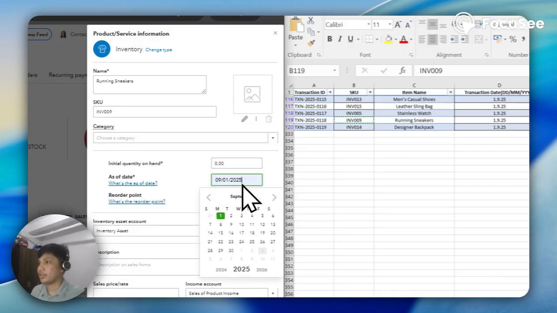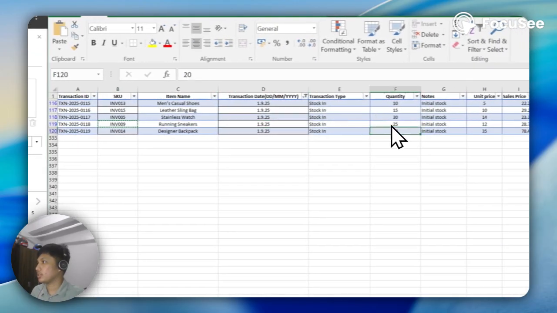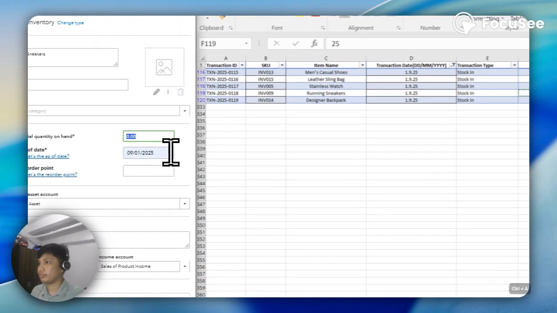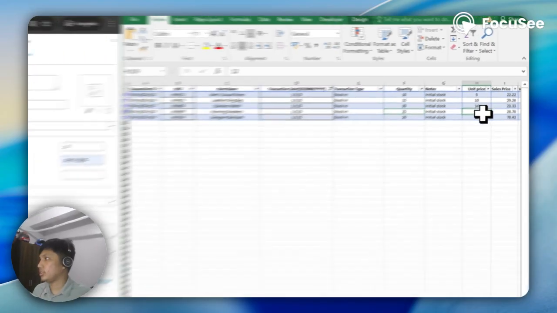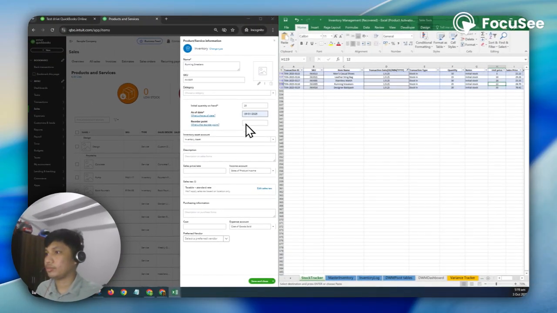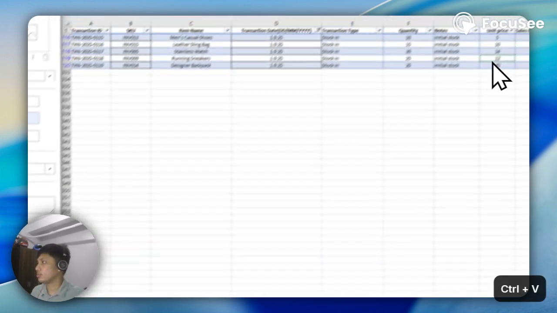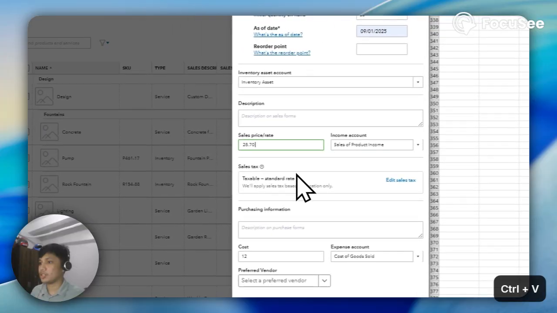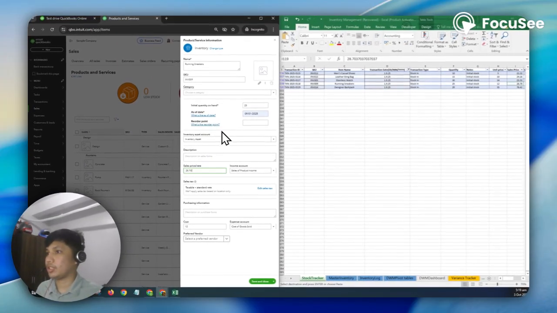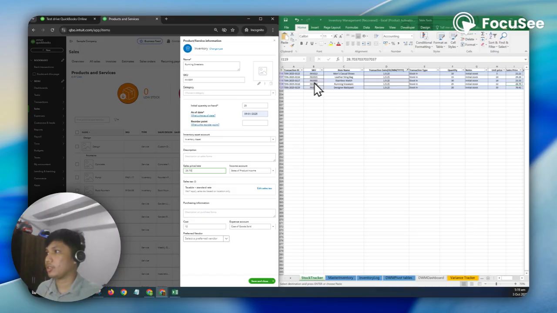Let's use this, 25, and then initial stock 12, the cost per unit, and the sales price is 28.70. Everything is good.